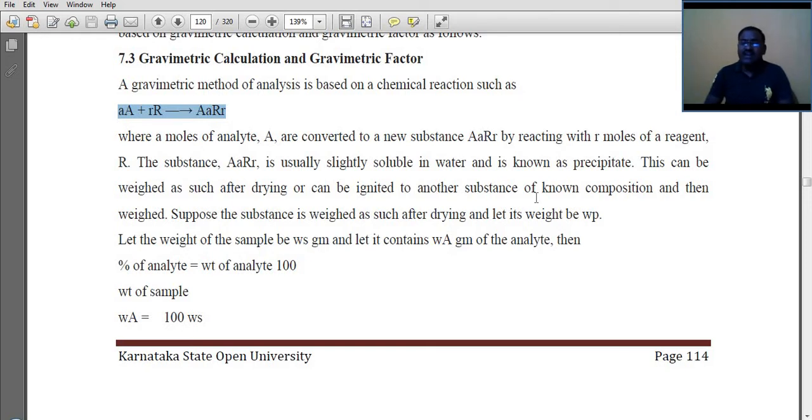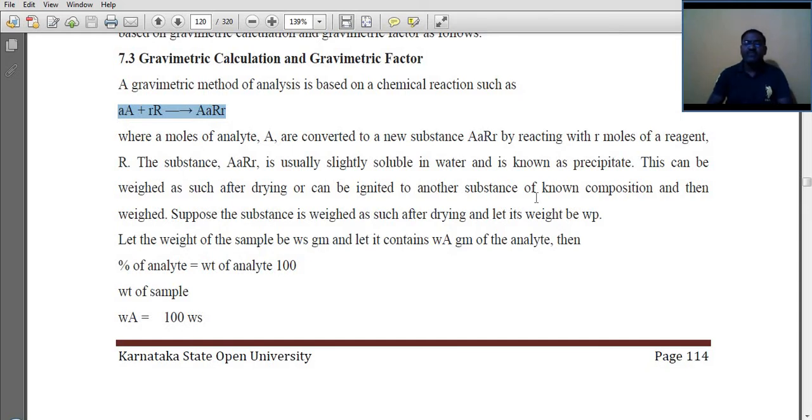Once this analyte reacts with the reagent to form a precipitate, this can be weighed as such after drying, or can be ignited to another substance of known composition and then weighed.